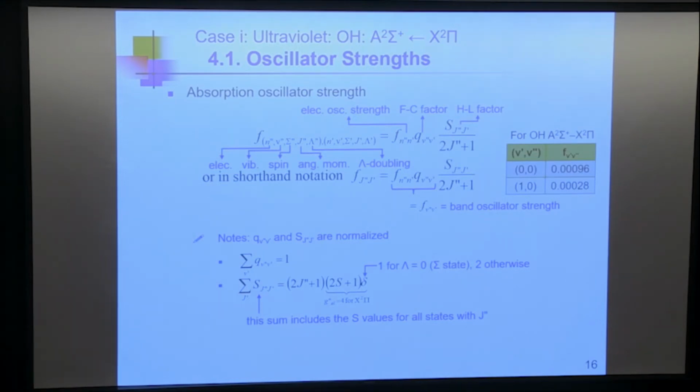You're allowed to emit to several lower states. The sum of all the A coefficients is the electronic oscillator strength. The fraction of those that go between a specific v and another v is the Franck-Condon fraction. And the fraction that go from a specific state to another specific rotational state is the Hönl-London factor. So the overall strength is determined by the combination of those 3 things. If you keep that interpretation in mind, it's not as bad as it seems.